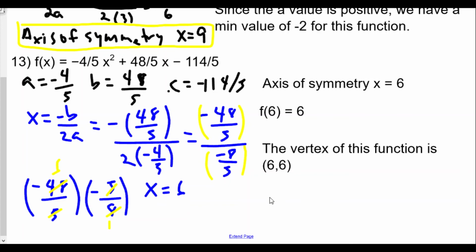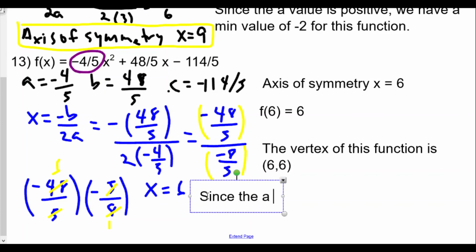Now, again, it's asking for the max or min. Well, we'll see here that the a value is negative. So the a value is negative, which means the parabola is facing downwards.